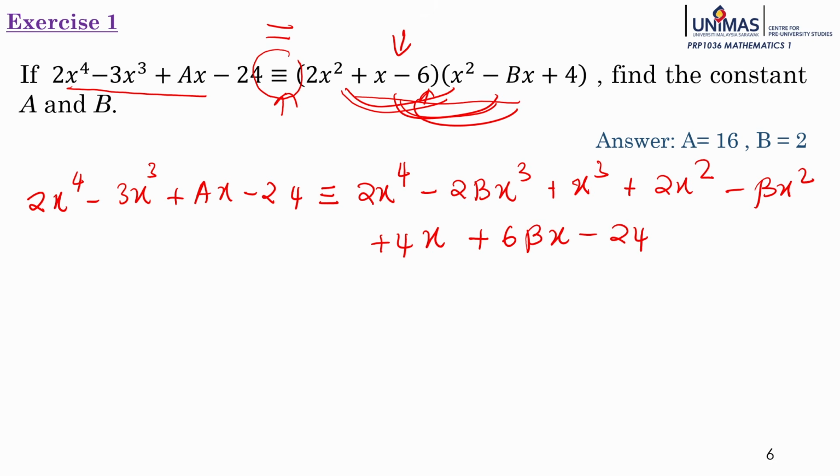Okay, you can see that minus 24 is equal to this one.